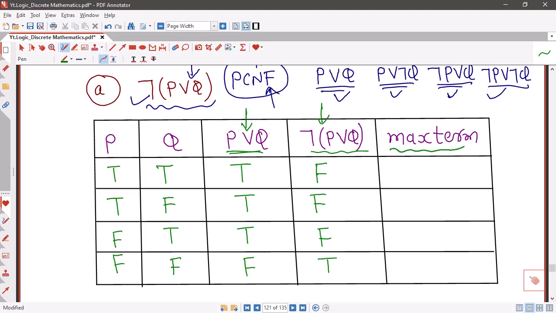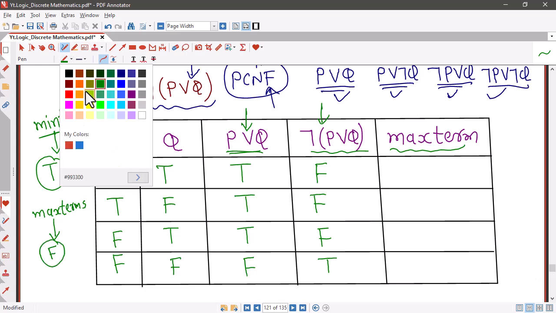Now if you recall, in the case of principal disjunctive normal form, we were writing min terms, and to write down min terms we were observing the rows in which the given formula is true. Now in the case of principal conjunctive normal form, to write down the max terms we will focus on those rows in which the given formula has truth value false.